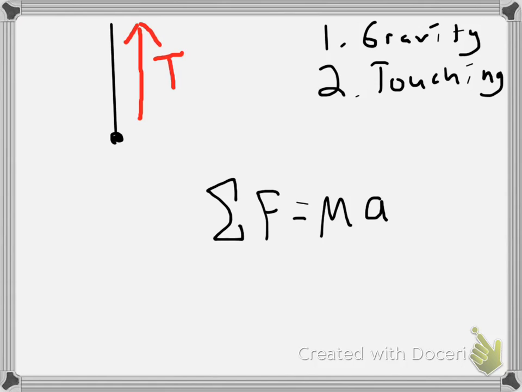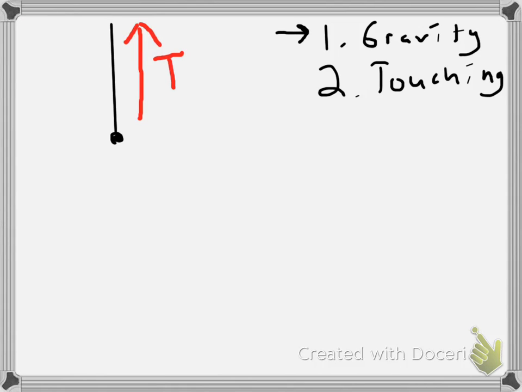If this term right here, the sum of the forces, does not equal 0, then you are guaranteed to have an acceleration. But this mass is not moving. We know that from the statement of the problem. So there has to be another force acting here. And that force is revealed by looking at our number 1 here, gravity.